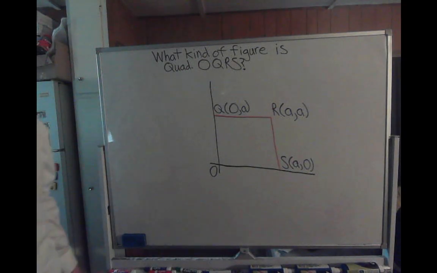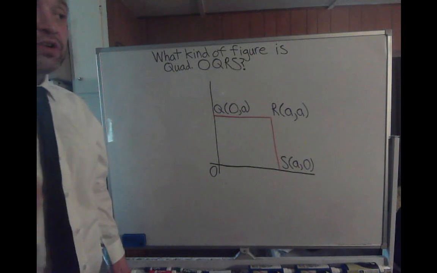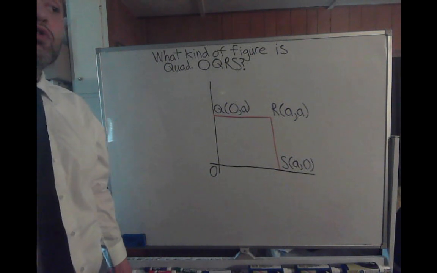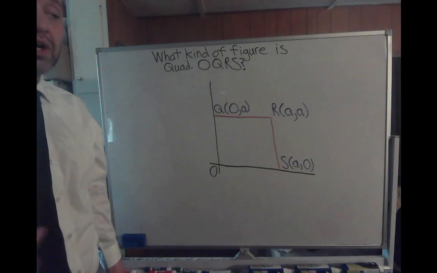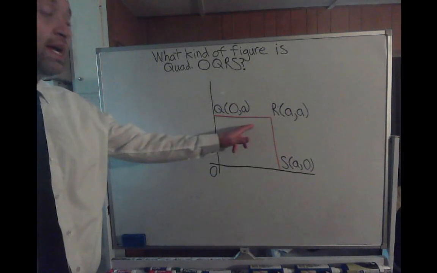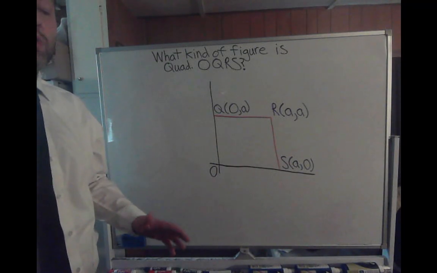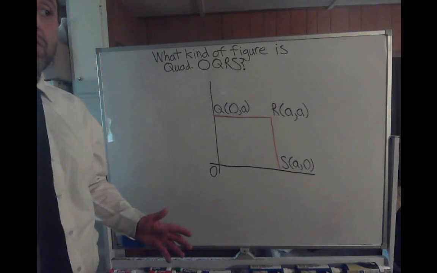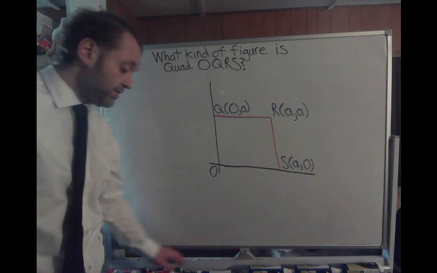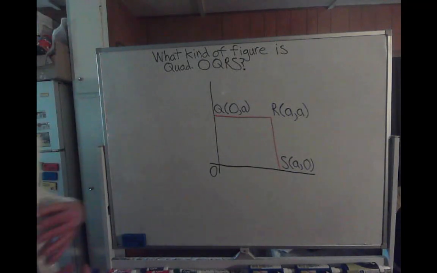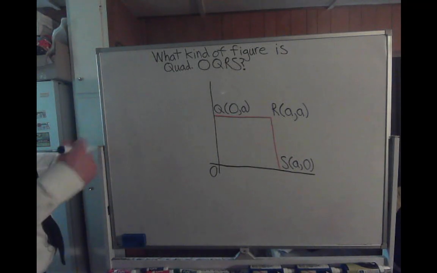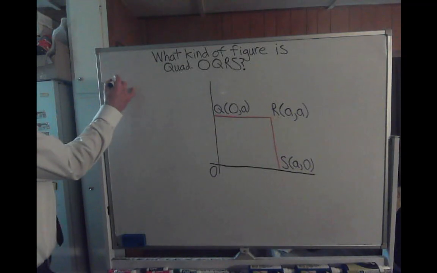You know why? Because there is that theorem that goes all the way back to when we were talking about quadrilaterals that states if one angle of a quadrilateral is a right angle, then the quadrilateral is a rectangle. That's quite a throwback to way earlier in the course, but why don't we do the slope of QR?